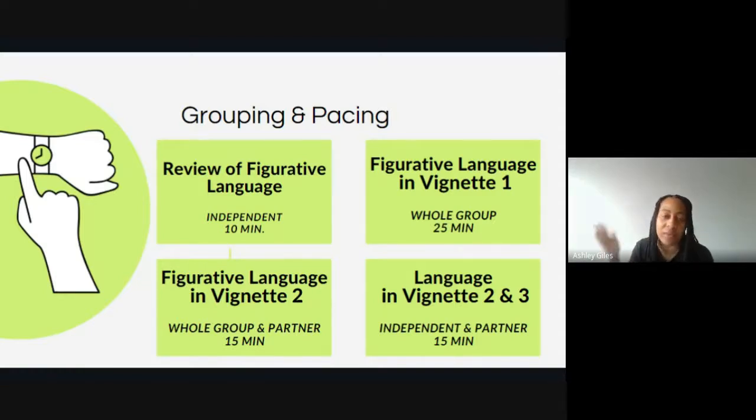So you see how it's spiraling all the way back to the figurative language from the first and second components. Then you're going to talk about, okay, what's being compared? Teacher posing these questions: What's being compared? What is compared to what? So they need to know that the grandmother is being compared to a chandelier.